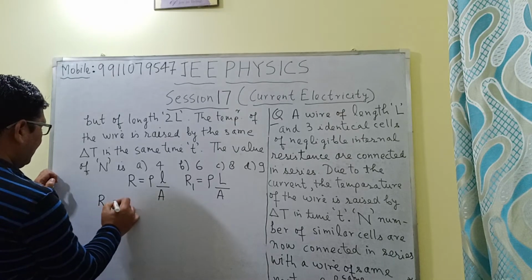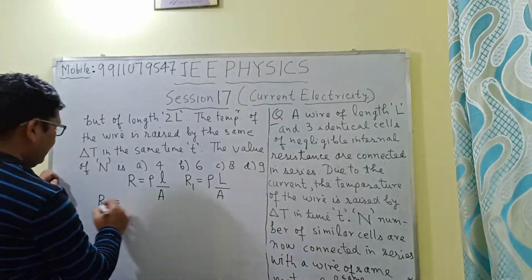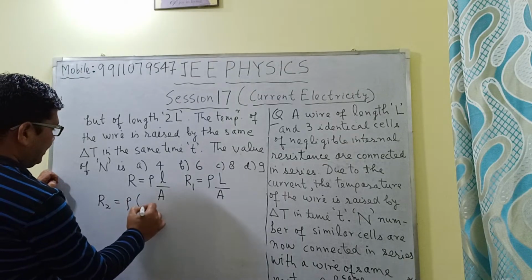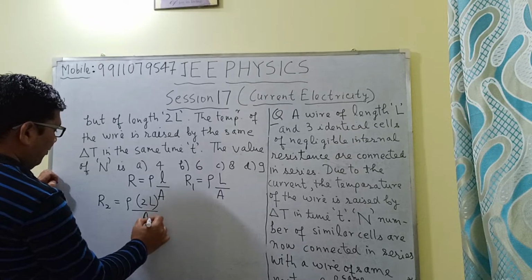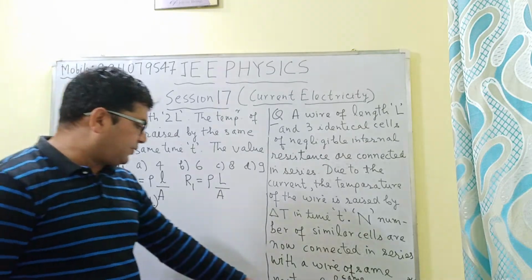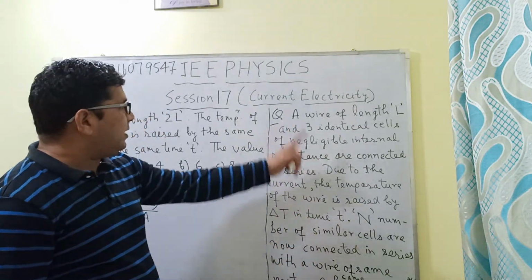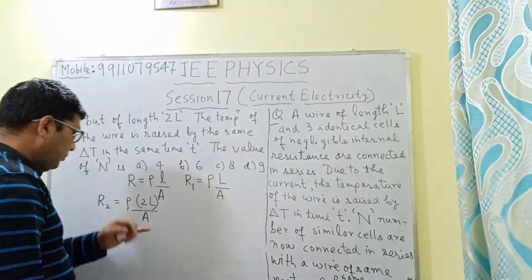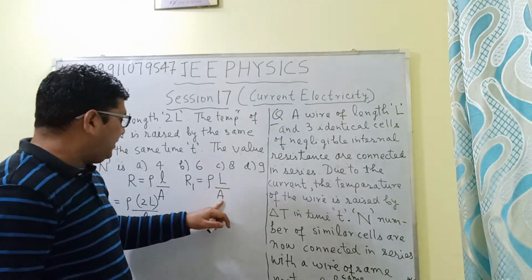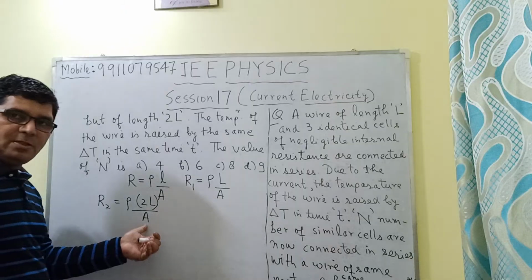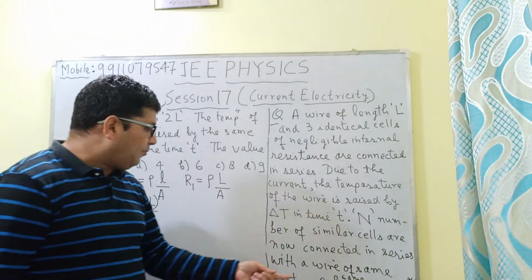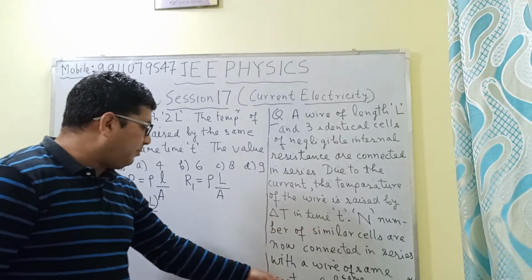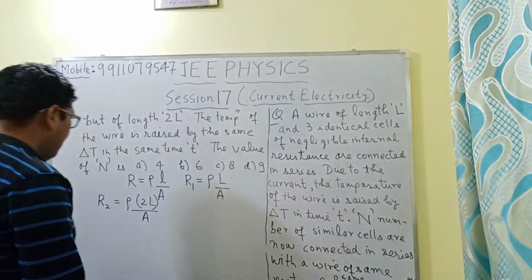That is, R2 is the resistance in the second case, and then it will be equal to rho, the length is equal to 2 times L, divided by A, where A is the area of cross-section, because the area of cross-section in both the cases is the same. So since in the first case I have taken it as A, in the second case it will also be A. Now the resistivity will also remain the same, because both these wires are made of the same material.